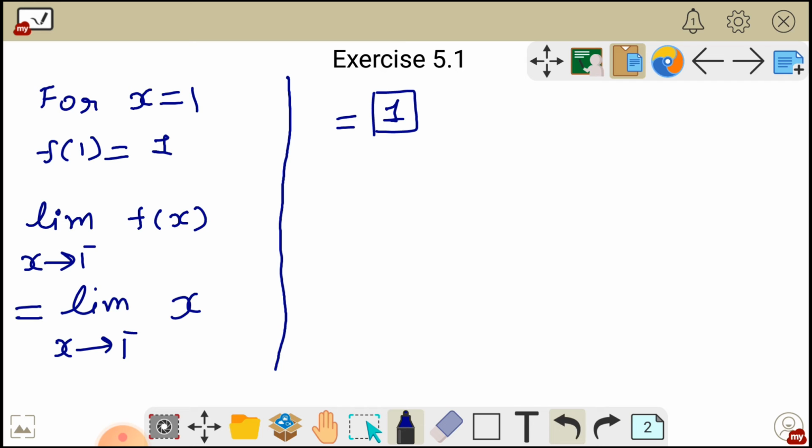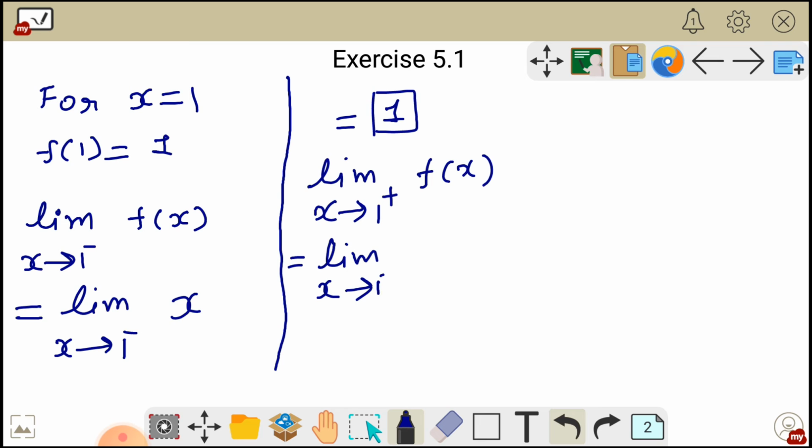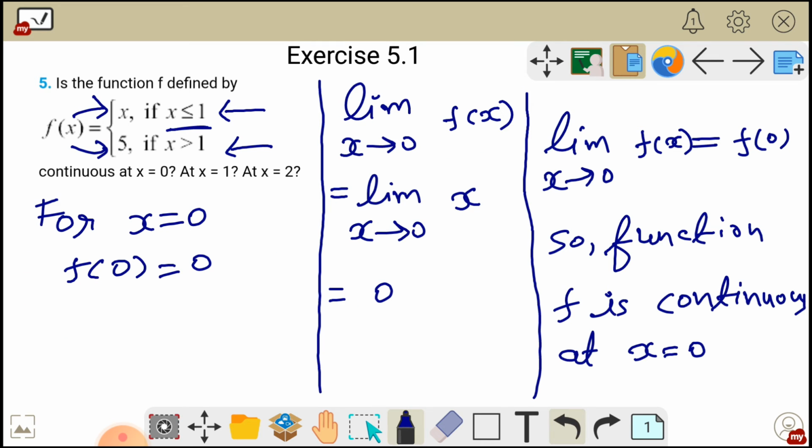Now let us find our right limit. So limit x tends to 1 plus f of x is equal to limit x tends to 1 plus 5. I have written 5 here because for all the points greater than 1, f of x is equal to 5.